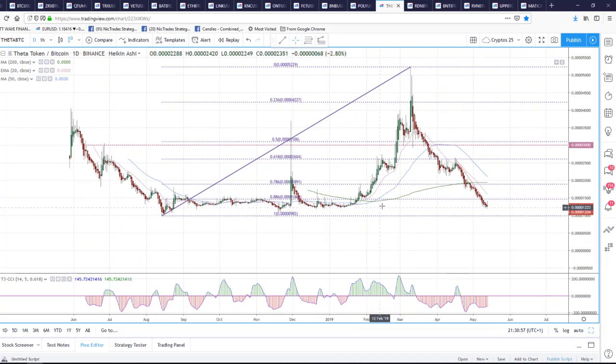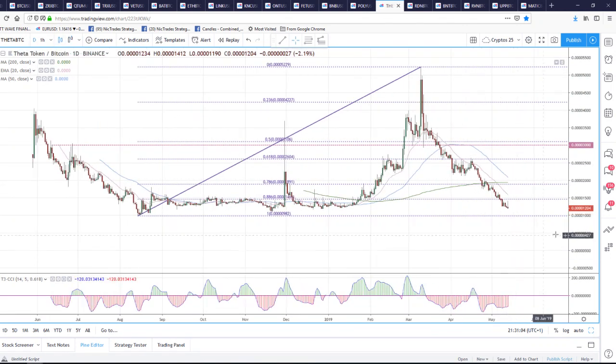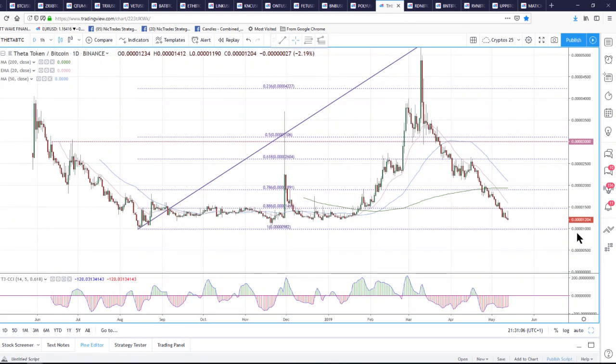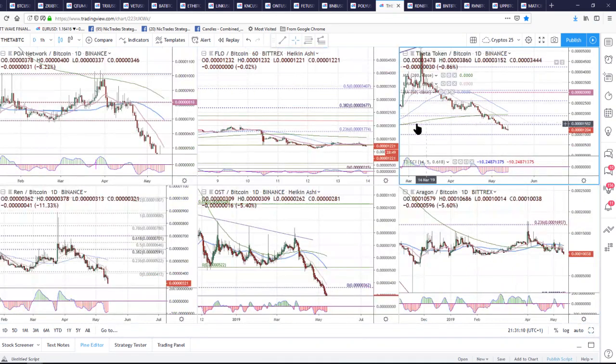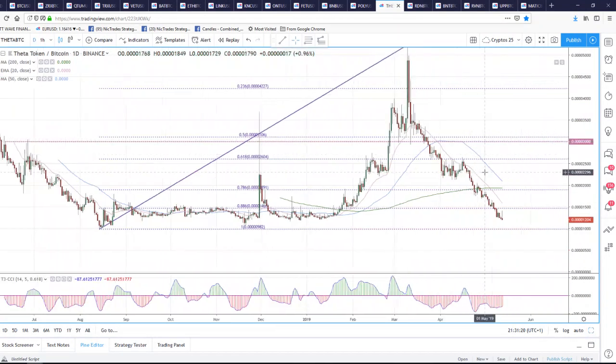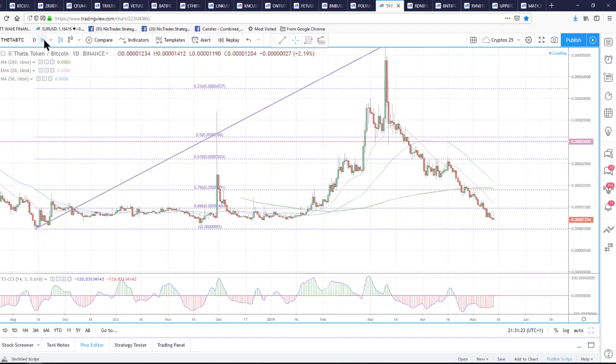No reason to love this yet, or no reason for a reversal on the daily. All that volume going nowhere. So the next one we're going to look at, we've done Theta, I think? No, sorry, I haven't done Theta. I'm losing control.